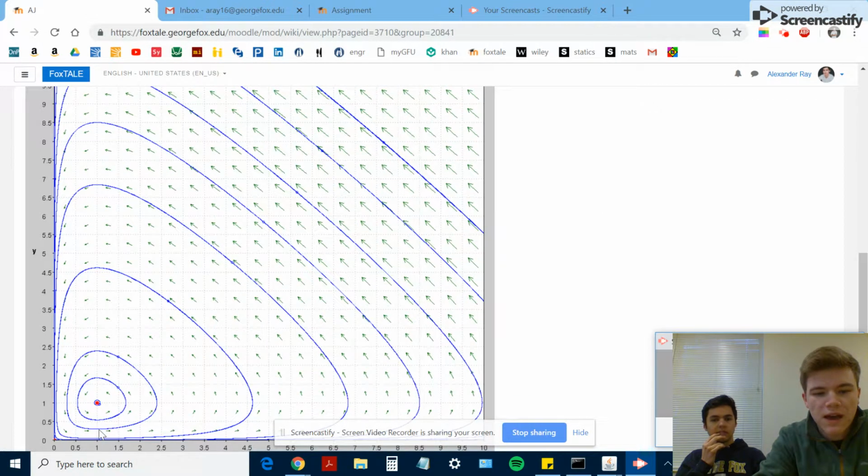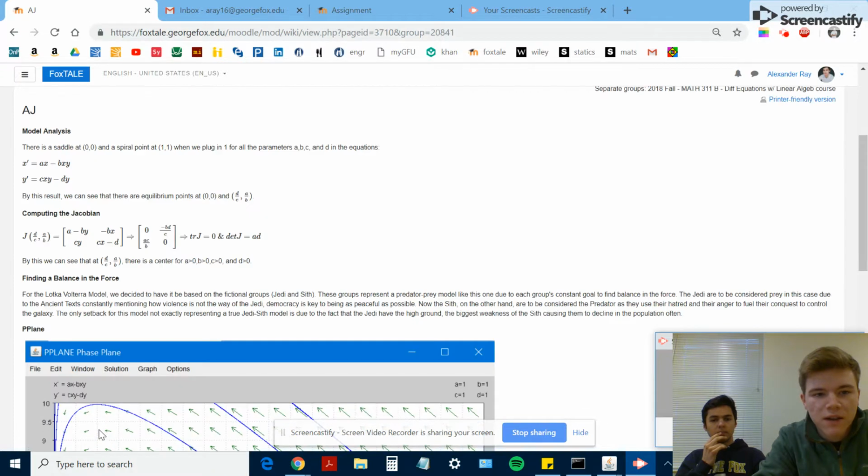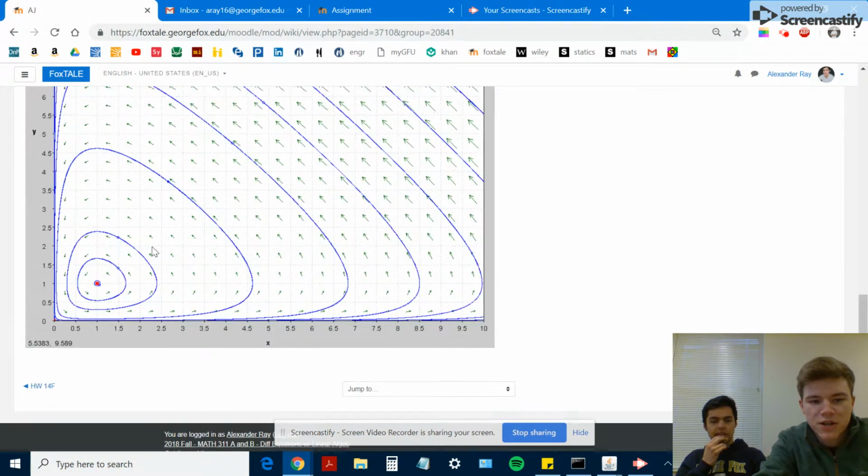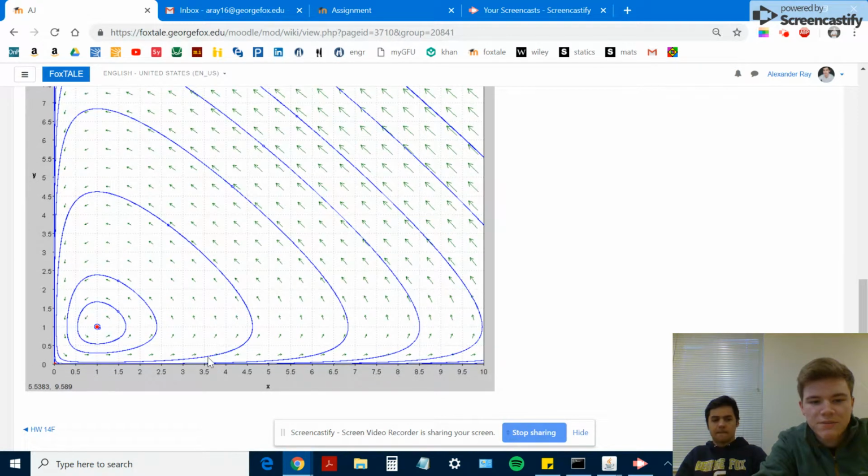So for the x's, we have the prey, which is the Jedi, because by themselves they'll just keep increasing, until the Sith start increasing.